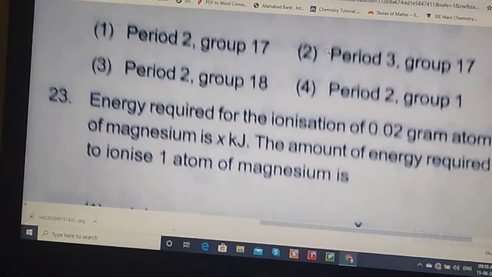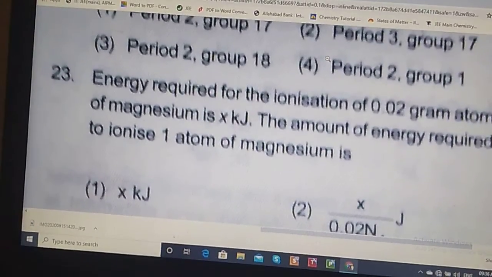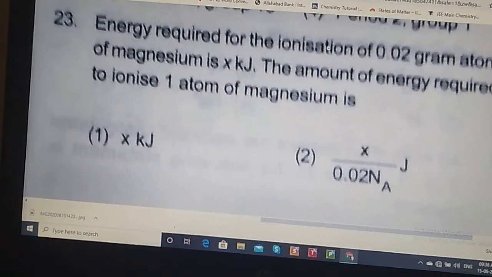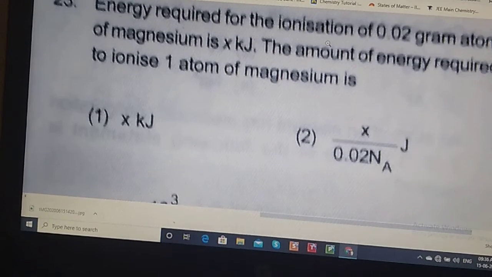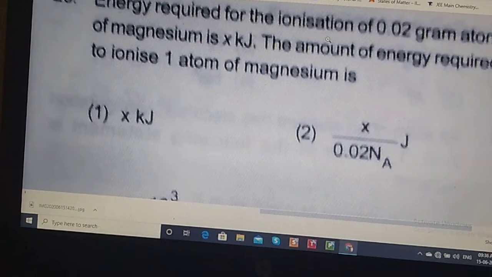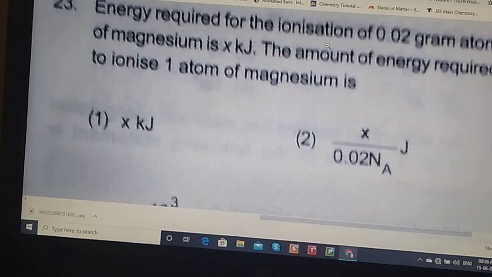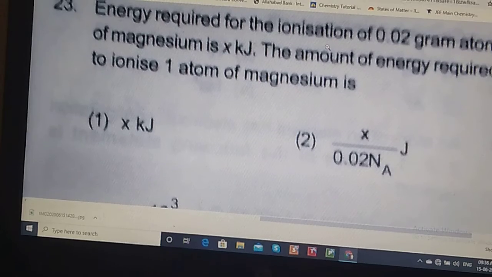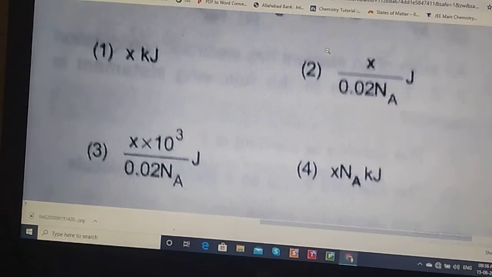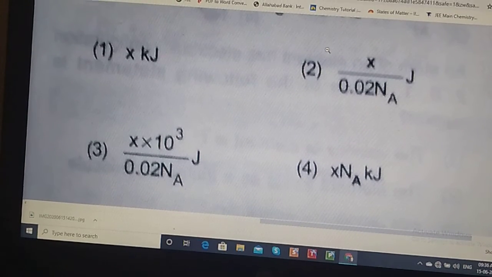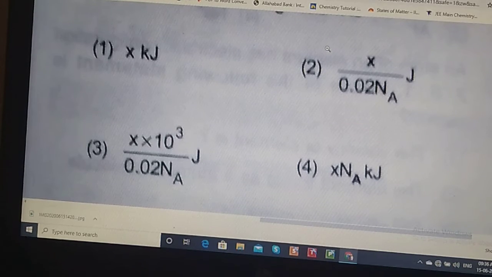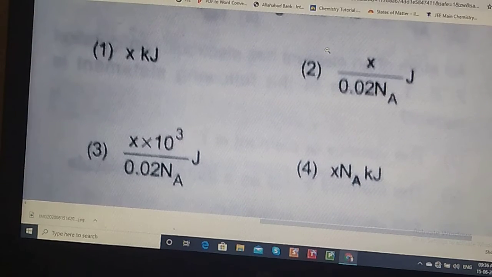Now let us move to question number 23, student. Energy required for the ionization of 0.02 gram atom of magnesium is x kilojoule. What is the amount of energy required to ionize 1 atom of magnesium?